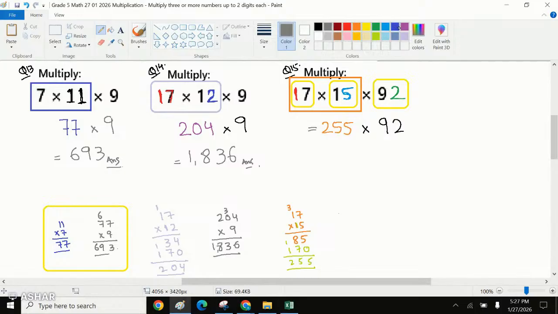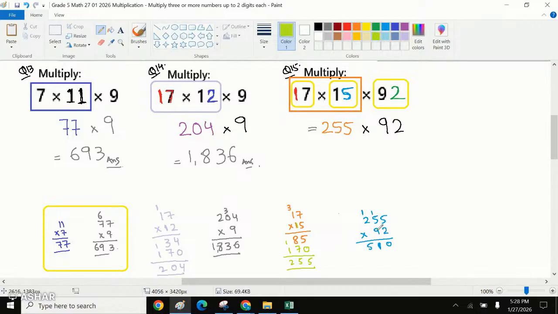See, we can write 255 multiplied by 92. The unit comes under unit, tens comes under tens. 2 times 5 is 10. Carry a 1. 2 times 5 is 10, and we carry a 1. That becomes 11. 2 times 2 is 4, and this becomes a 5.